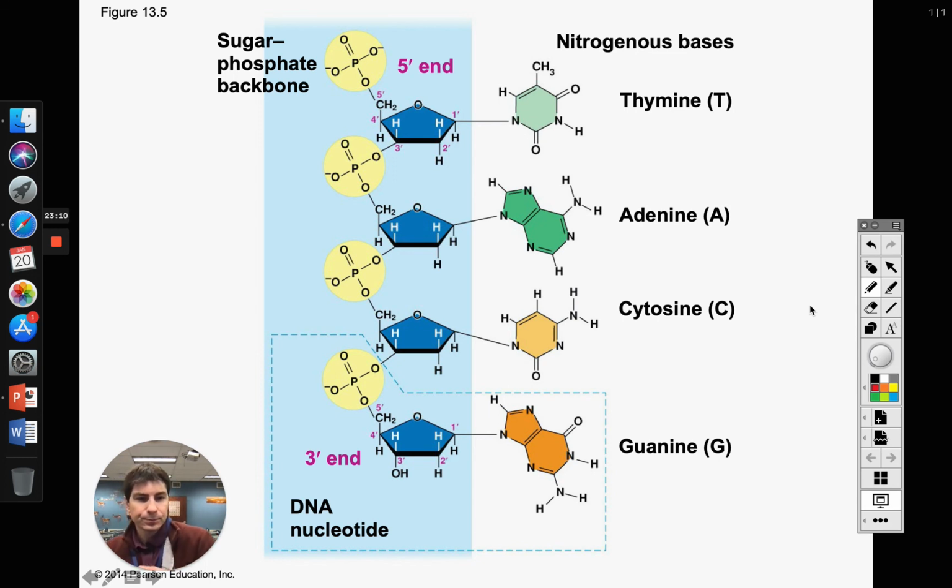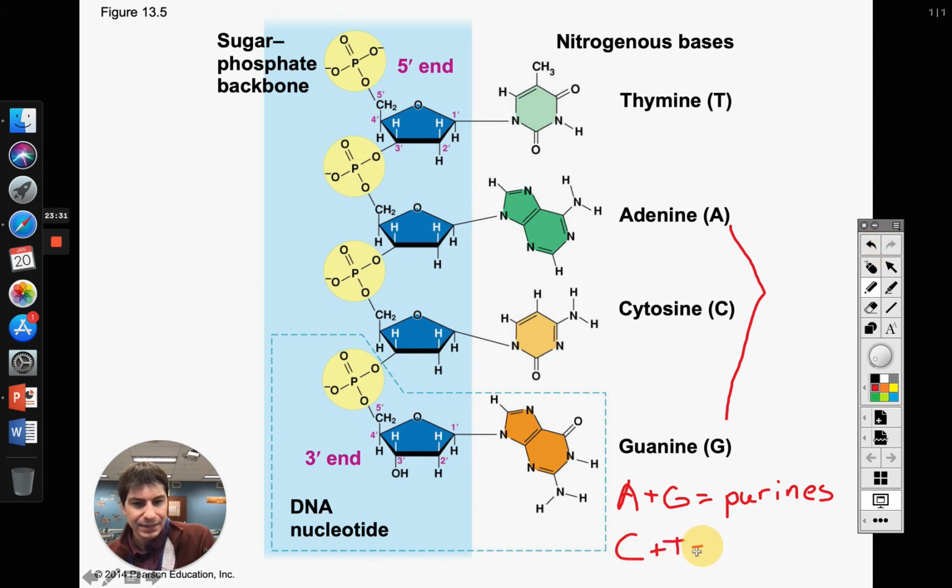A and G are going to be called purines. C and T, these are called our pyrimidines.